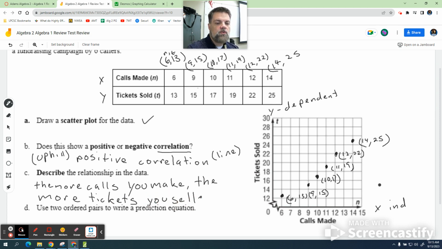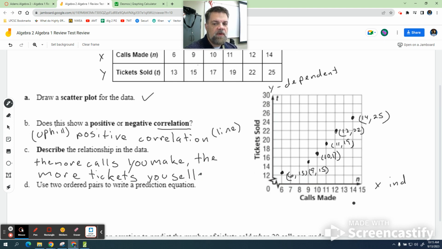Now it says use 2 ordered pairs to make a prediction about the line. So what we do is we arbitrarily, that's a fancy math word that says we just randomly pick stuff. We arbitrarily pick 2 points that we want to use to calculate the slope of the line. What 2 points do you guys want to use?